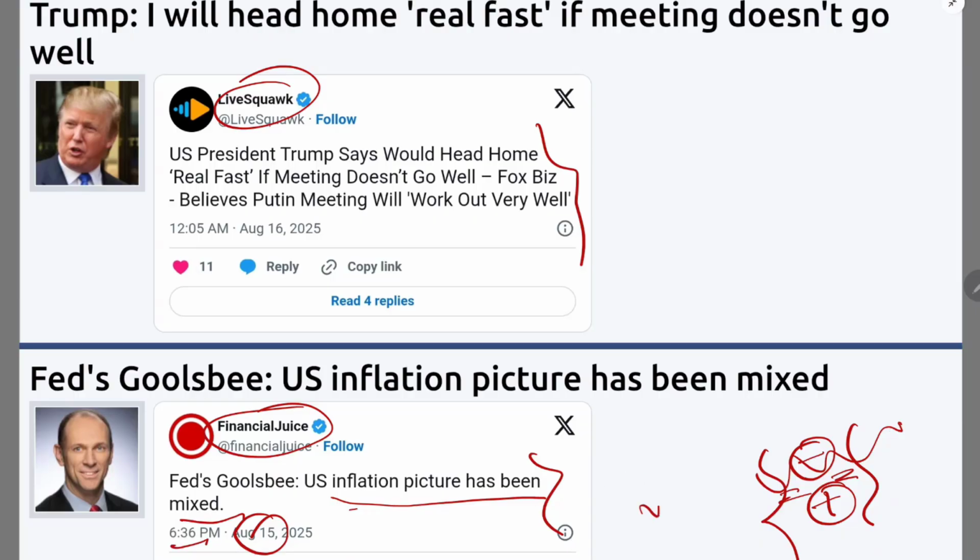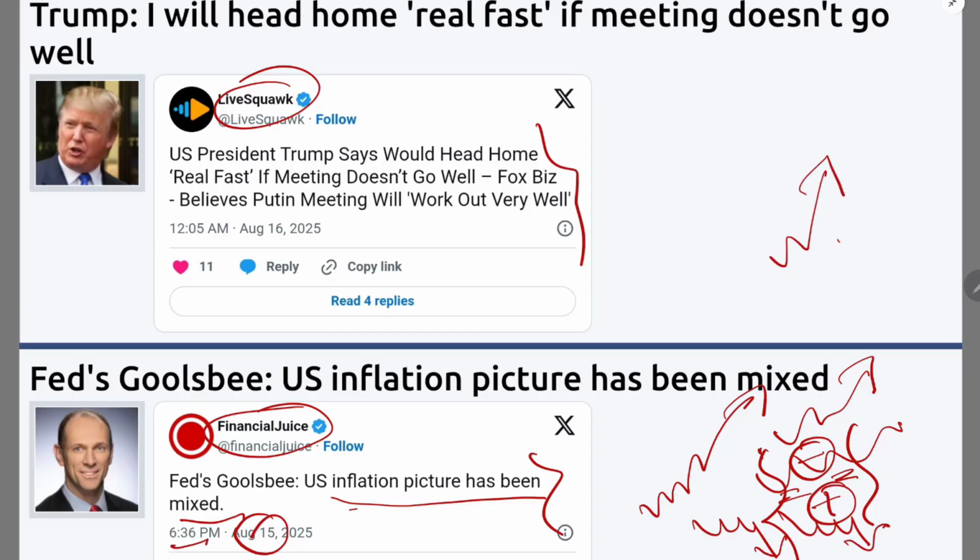If they say inflation is going higher, gold will go higher also. If they say inflation is going down, gold will go down also. Because if inflation goes higher, it's a weak point for the US dollar. And if inflation goes low, it's a strong point for the US dollar. Okay, this is the thing.